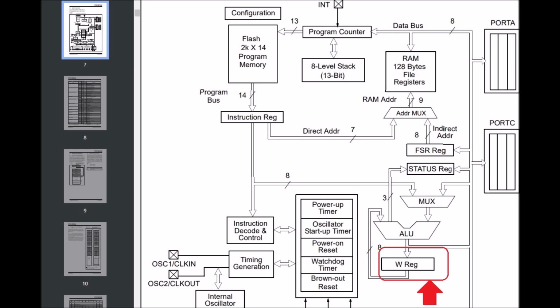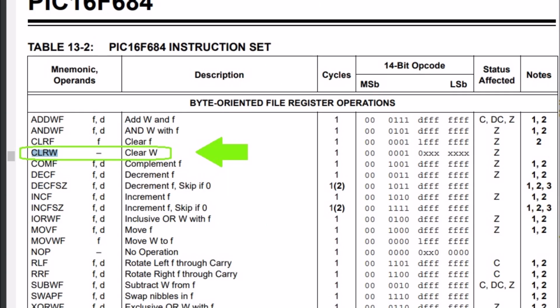Special instructions. Some instructions are designed to work specifically with the WREGE without involving other registers. For example, CLRW clears the WREGE, setting it to 0.